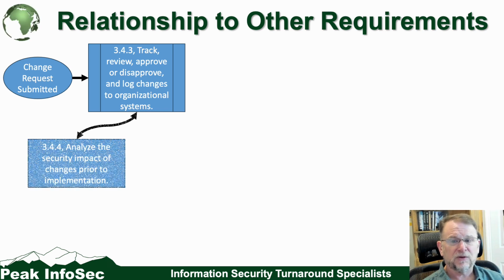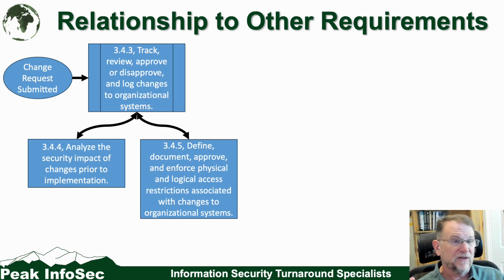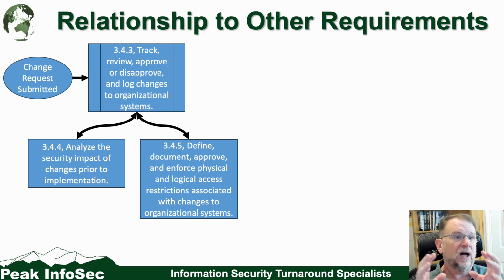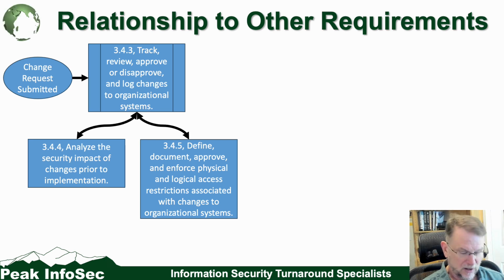Well, part of 3.4.3, typically you're also and should be doing 3.4.4, analyzing the security impact of that change prior to implementation. And then likewise, at that point in time, if this change is related to a logical access restriction, whether physical or logical, you are then going to make sure that that meets that requirement and you're good with that.